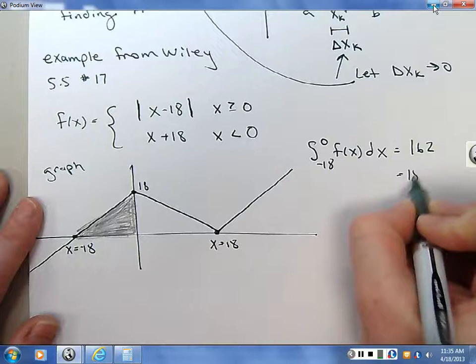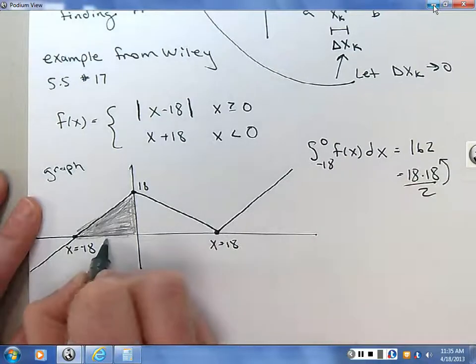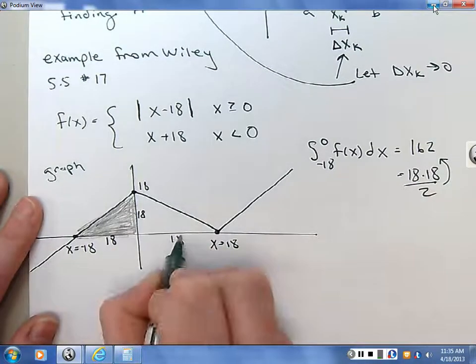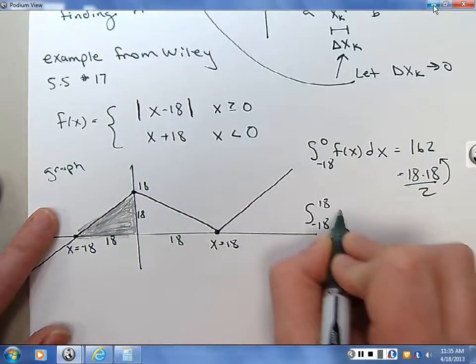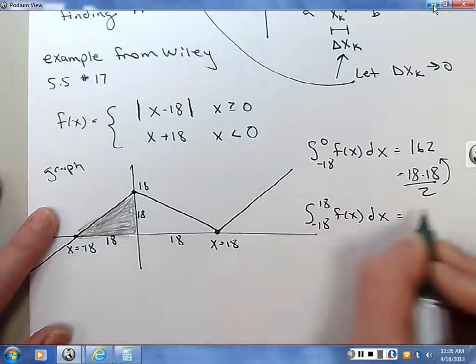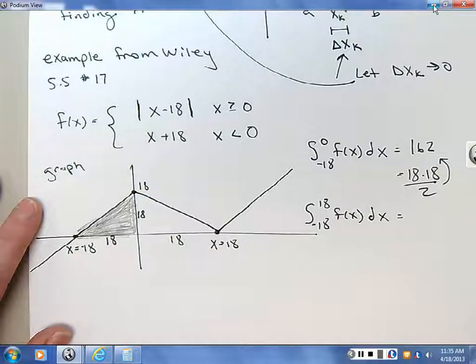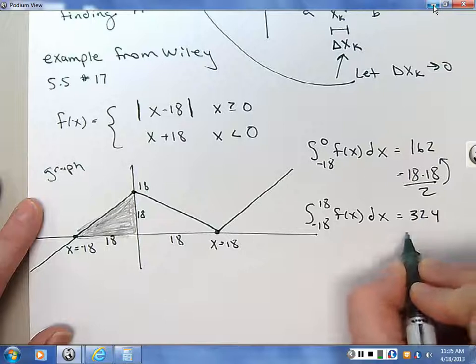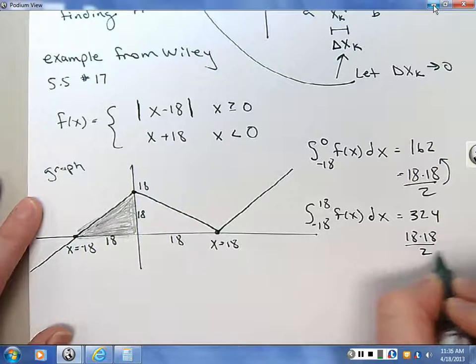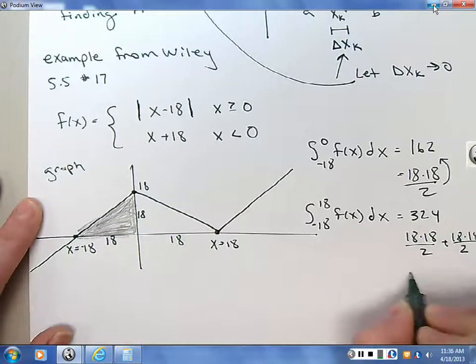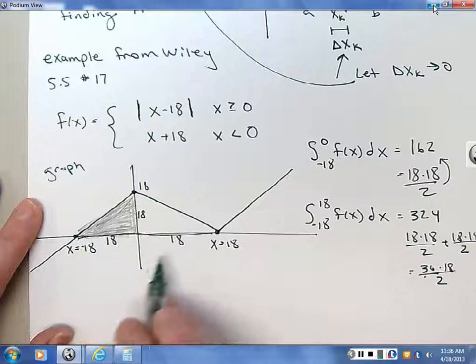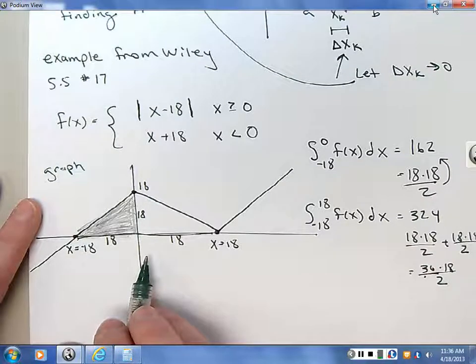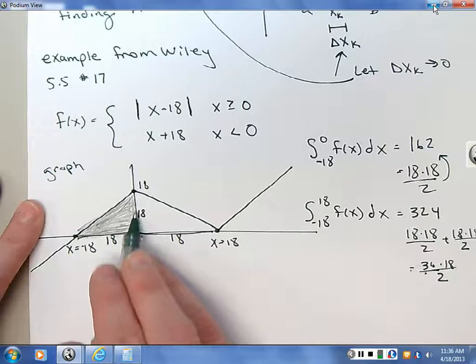We take 18 times 18 divided by 2, because this is a length of 18 and a height of 18. If I wanted to find the integral from minus 18 to 18 of f of x, I would have 324, because that would be 18 times 18 over 2 plus 18 times 18 over 2, or 36 times 18 over 2. If I say the base is 18 plus 18, it would be 36, and the height is 18, divided by 2.